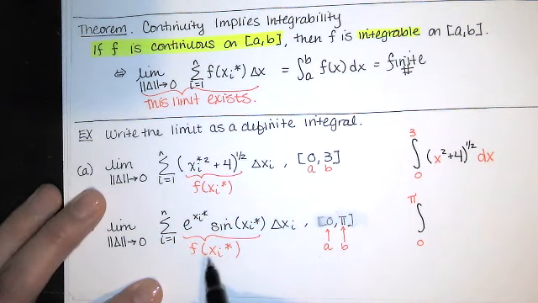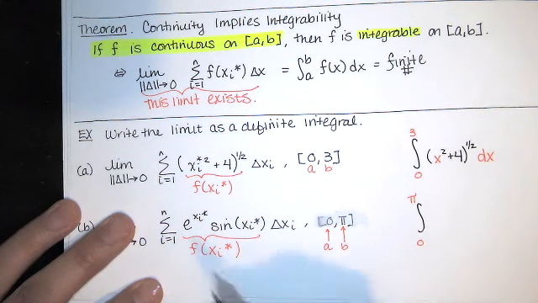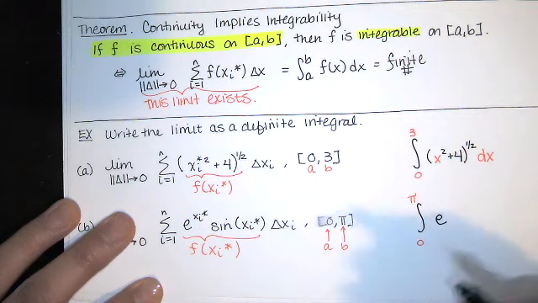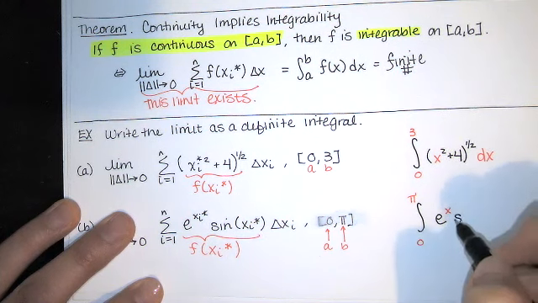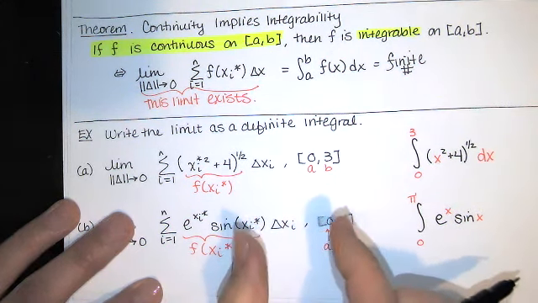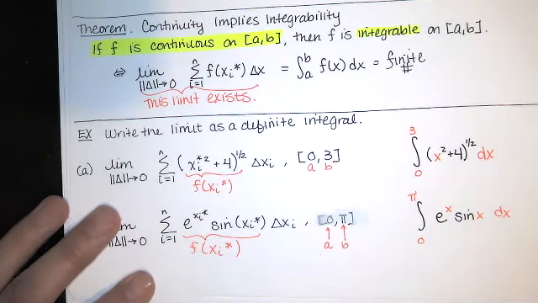So you just replace all the x sub i stars with x's. So I see e to the x sub i star, that's going to become an e to the x. And then I see sine of x sub i star, that just becomes a sine of x. And then in the limit, this delta x sub i, that's the width of that i-th subinterval, becomes infinitely small. I'm going to call it dx. And that's it.